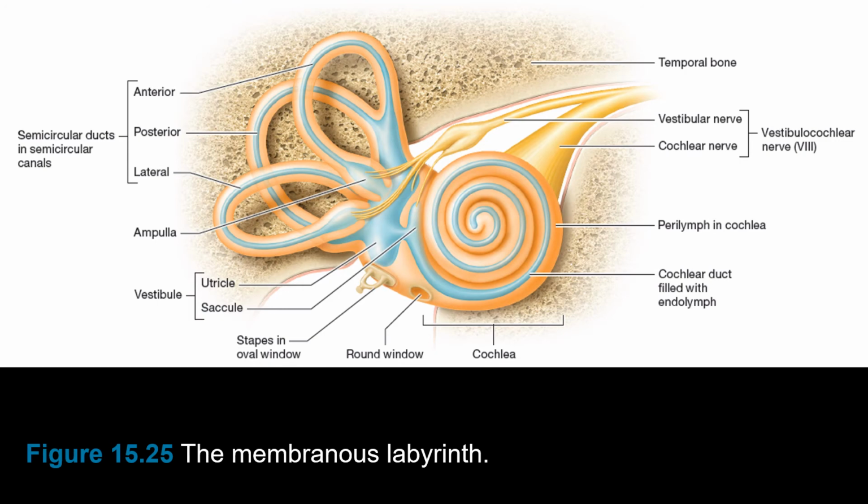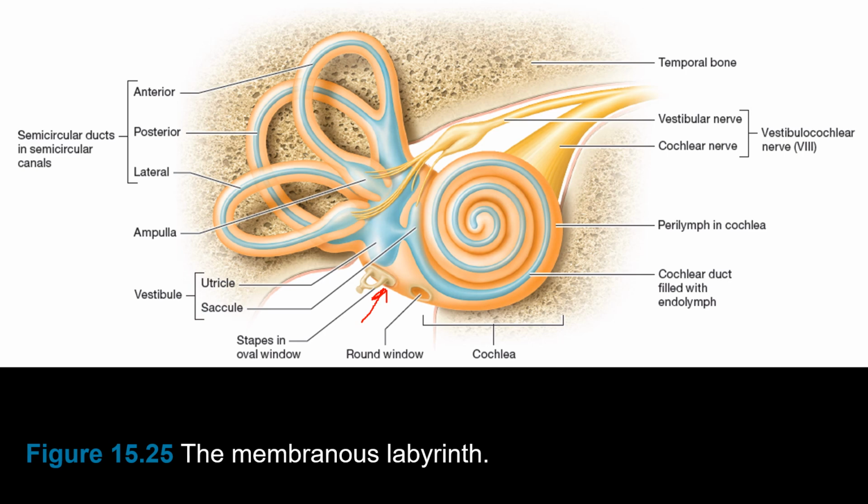And so here is what we see when we put it all together. You'll notice I haven't talked about the cochlea yet. I'm going to do that in just a second. So medial to the middle ear, we're looking right here.